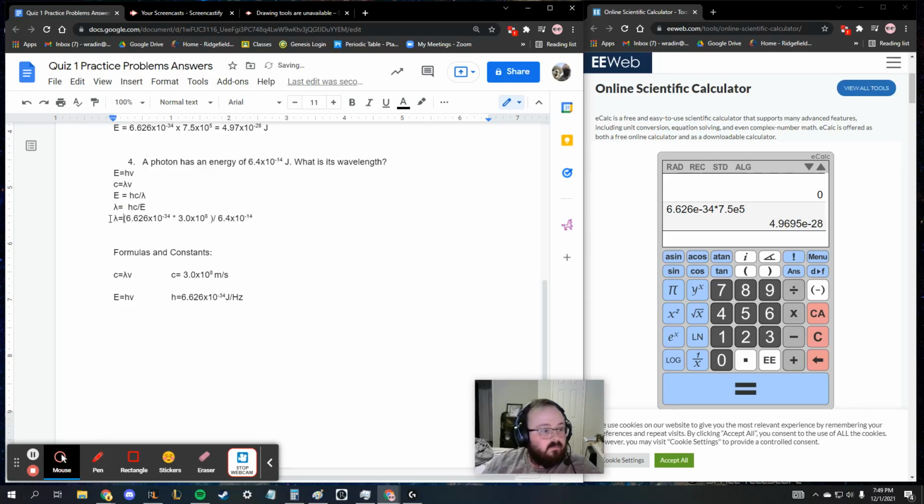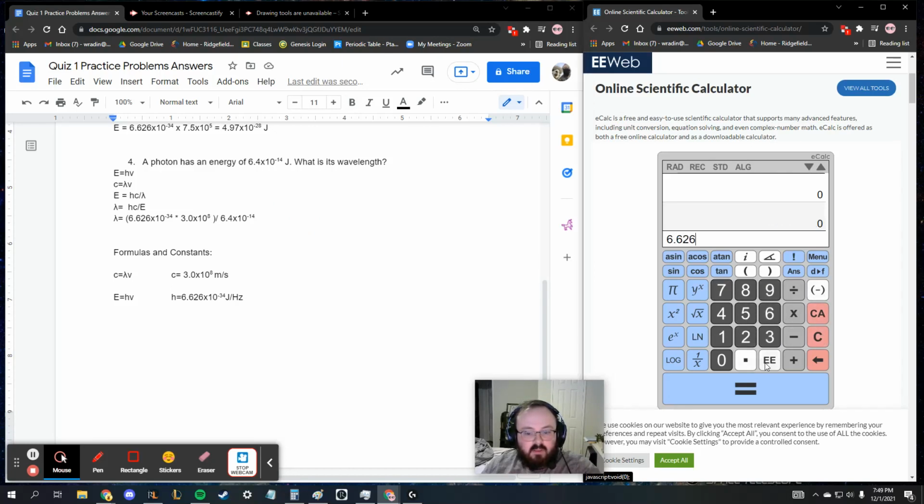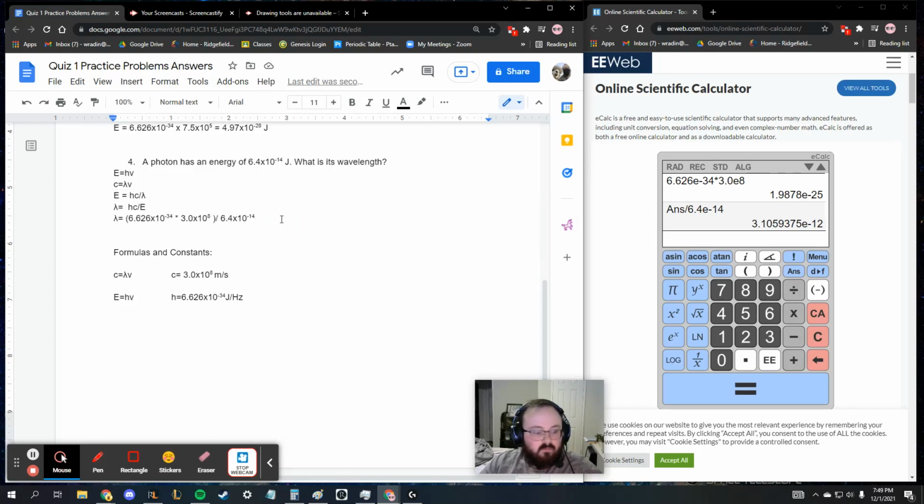All right, so we put all of this in. 6.626 times 10 to the negative 34 times 3.0 times 10 to the 8th. Divide this amount by 6.4 times 10 to the negative 14th. And we get our wavelength equals 3.11 times 10 to the negative 12th meters. So there is our answer.